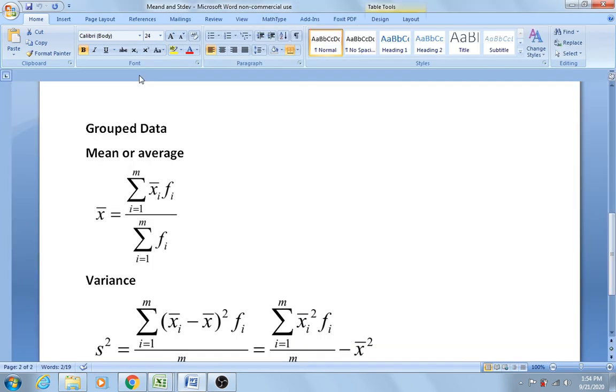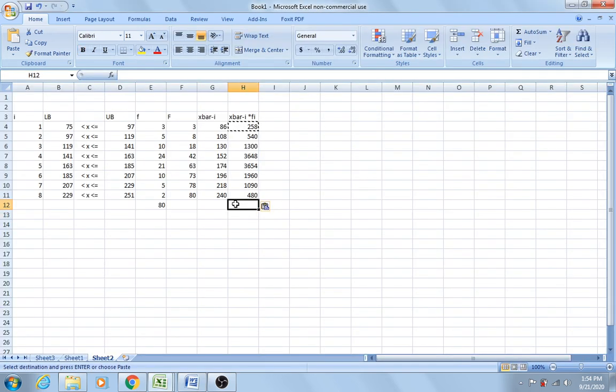According to the formula you need to add them together, so I am just going to sum them. The mean, or the x bar, or the average, is just the total of the middle point times the frequency divided by the total frequency. So that's the mean, 161.625.